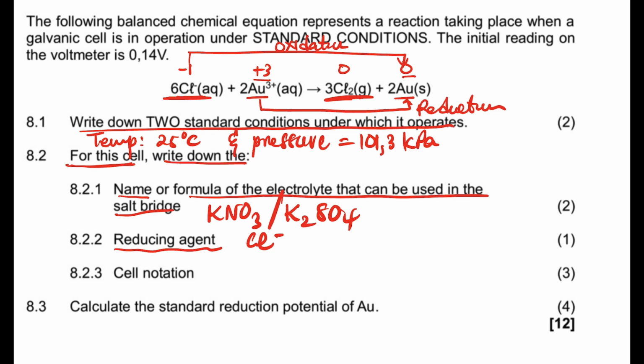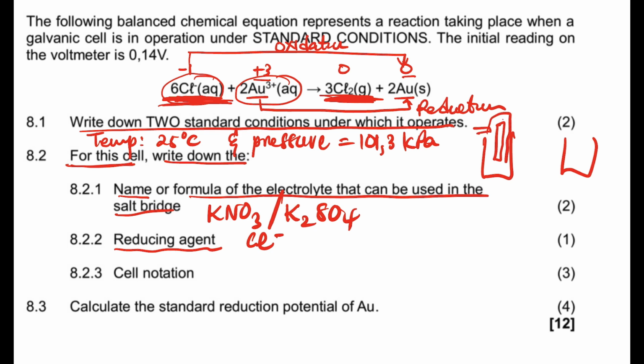Okay, the cell notation now, guys. We know this one oxidizes, this one reduces. The chloride ion gives the chlorine gas. If there's a gas involved, that means there must be an electrode for this. It's a platinum. It's something like this. You have here the platinum, and then there will be a gas.